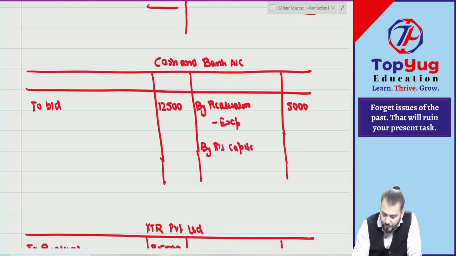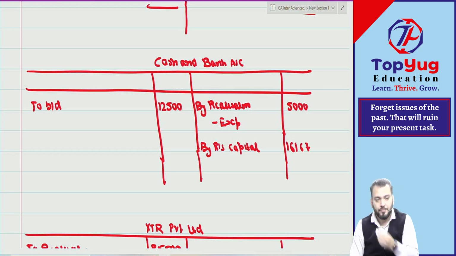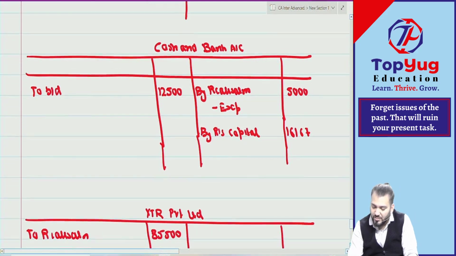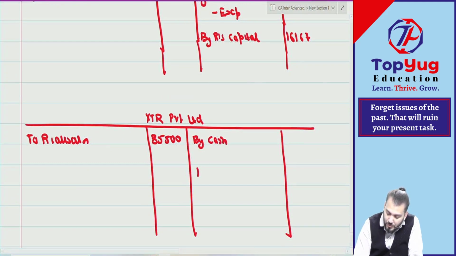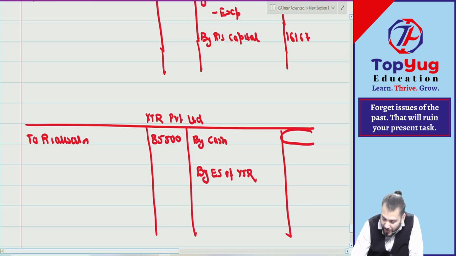How much? 16,167. Correct. Now just try to understand. In this, how much will be paid in cash, that we don't know. How much will be paid in the form of equity shares of YTR, that we don't know. If we can find this out, then only we can proceed.